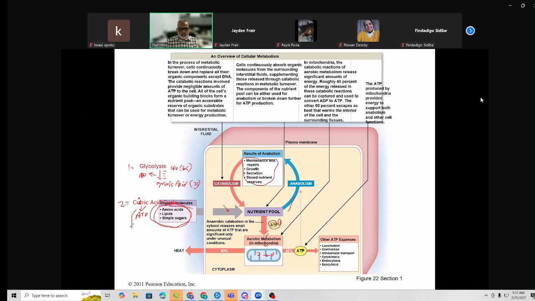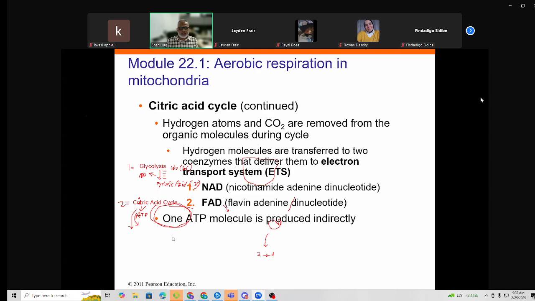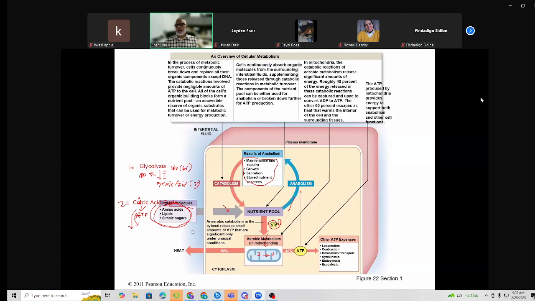And from the citric acid cycle, we have some compounds produced. We'll see here in these pages, NAD and FAD. These are called cofactors.